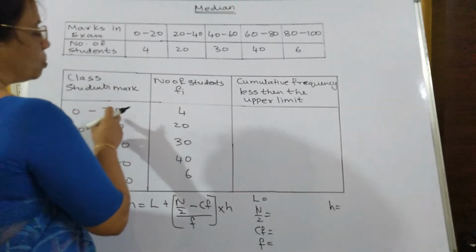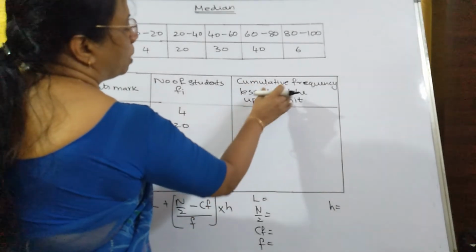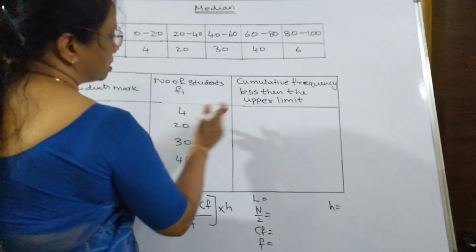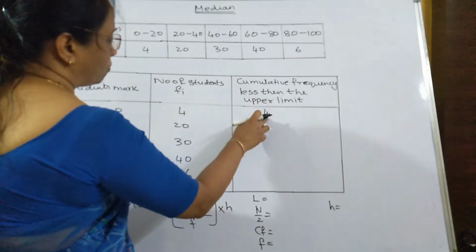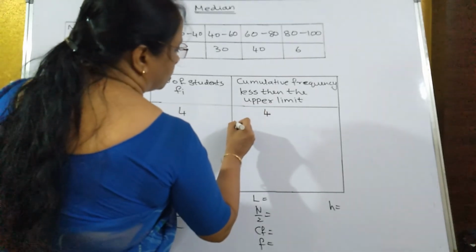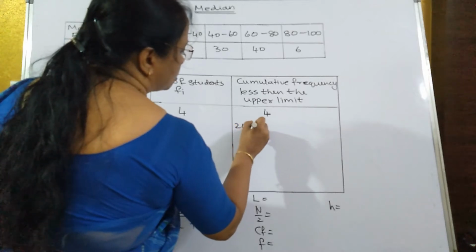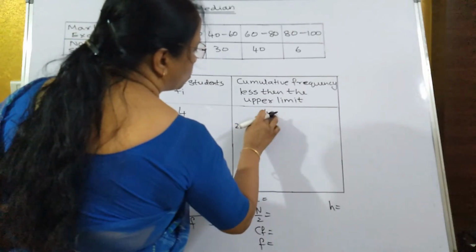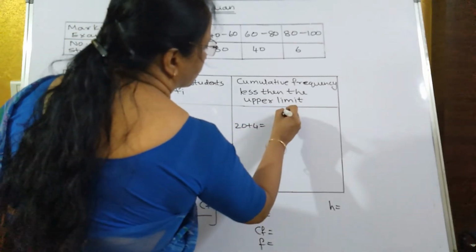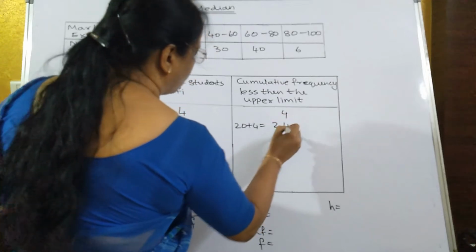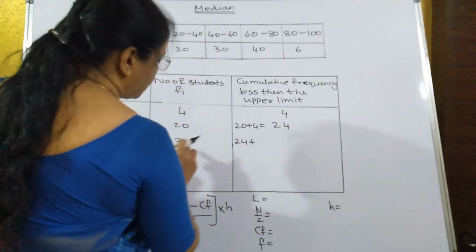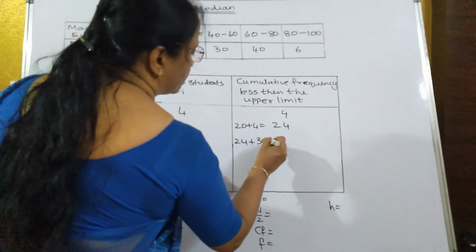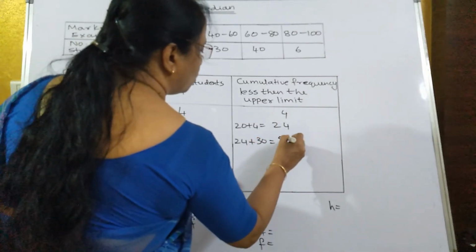Now here 0 to 20. So cumulative frequency is written how? The first number is written as it is. Then add this 4 plus 20. That is 20 plus 4 is equal to how much? 24. Next take this 24 and add 30, that's equal to how much? 54.